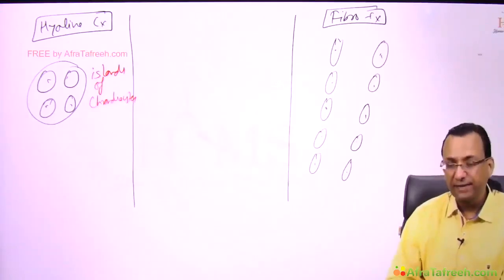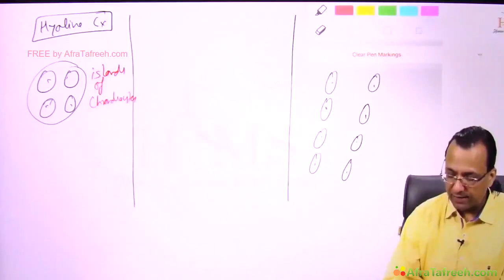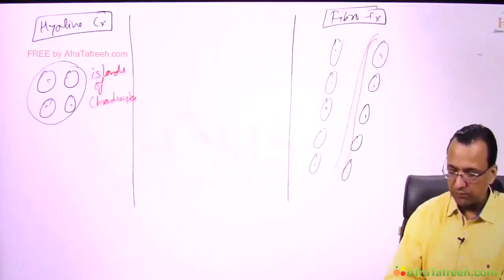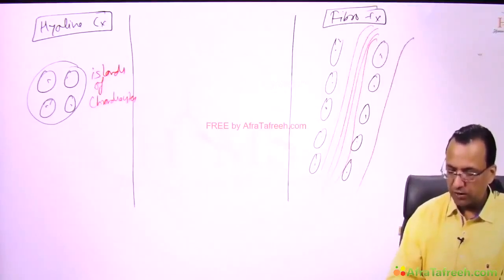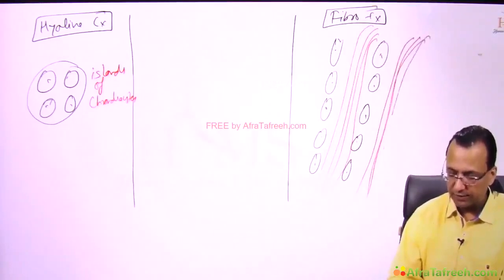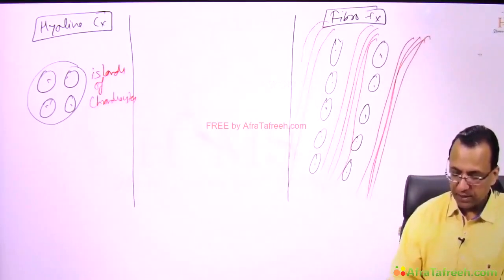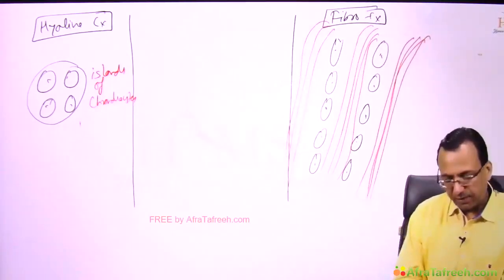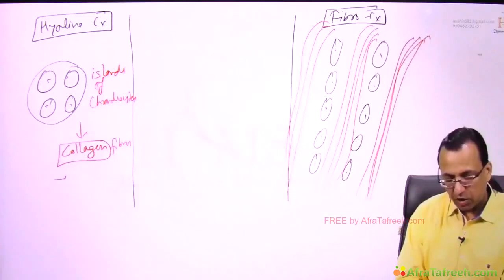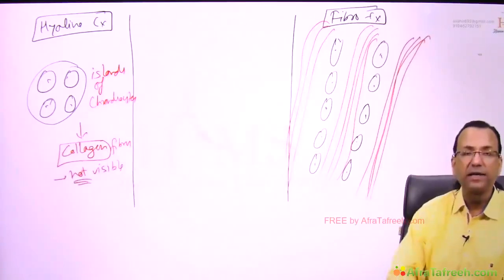Yes. And alternated by fibers, bundles of collagen fibers. So alternating bundles of collagen fibers. Yes, that is the point. What about the collagen fiber here? Actually, collagen fibers are there, but those collagen fibers are not visible. And why are they not visible in hyaline cartilage?